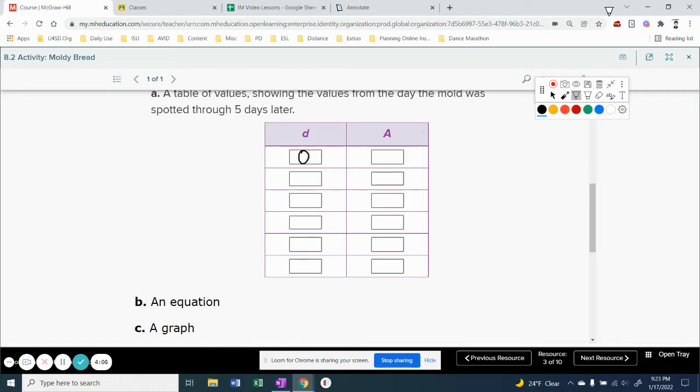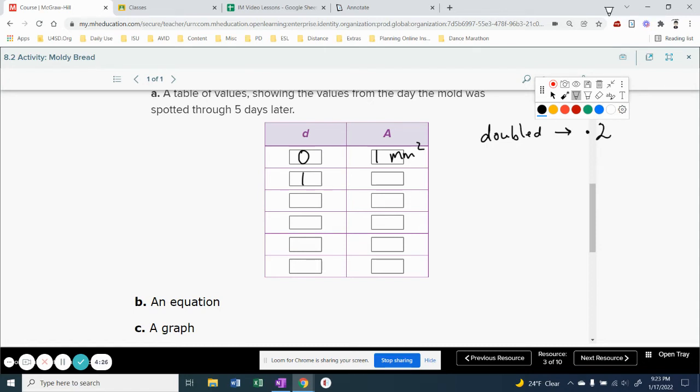So think about our starting value. When the mold was first noticed, there was 1 square millimeter of mold. The next day, that mold doubled. What does doubled mean? It means we're multiplying by 2.